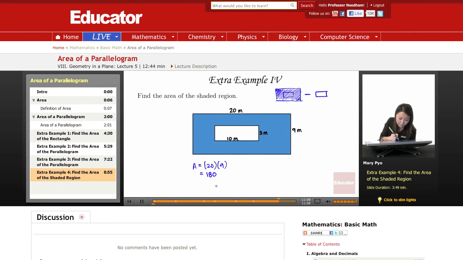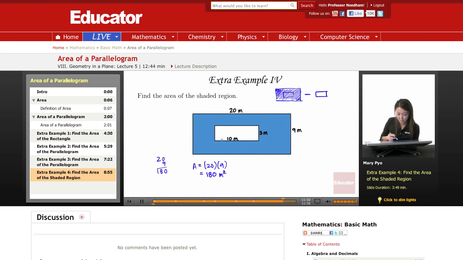If I have a 0 at the end of a number that I'm multiplying, then I can just put that 0 at the end of my answer. It's 20 times 9. You can just do that too, 0 and then 18. Okay, so that's where that 0 comes from. Meters squared. Okay, that's the area of this big one.